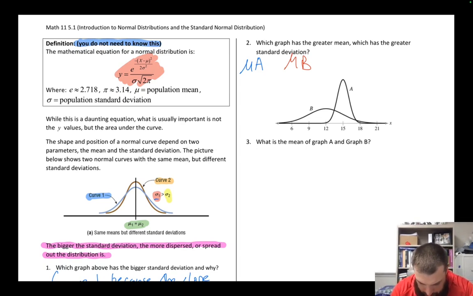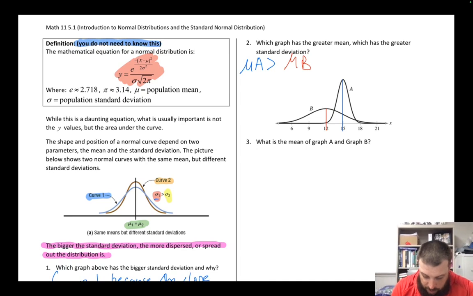Well, the mean is going to be exactly in the center, so our A is right about there, and then our B is going to be right at our peak, right about there. So in this case, I would say that the mean of A is going to be greater than the mean of B.